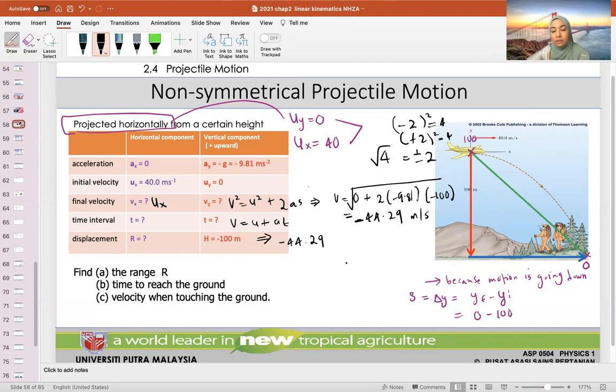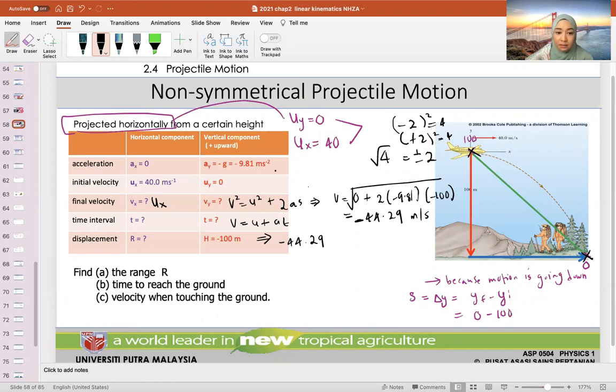44.29. Okay, so the V that we found earlier, which is minus 44.29, does it refer to this point or the point at the end? The initial point or the point at the end? It's called V. Hint: point at the end.